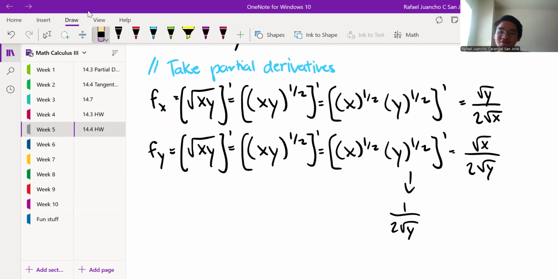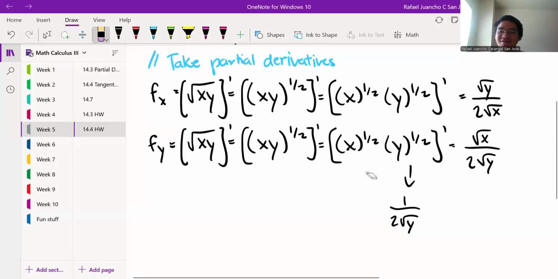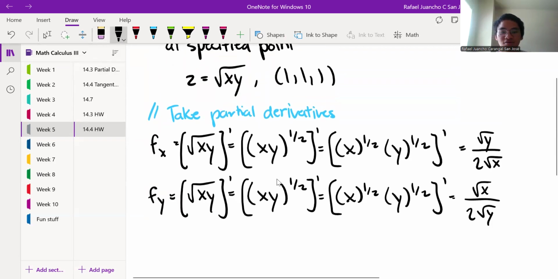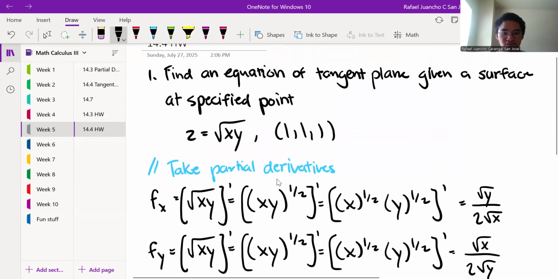We just change the variable. And then this is gonna be, if we don't take the derivative, square root of x. And then we just multiply these two things, and we get this, right? So we're just switching the roles.